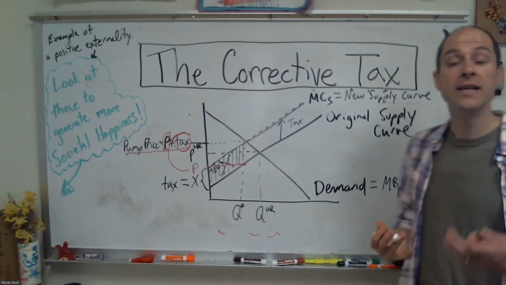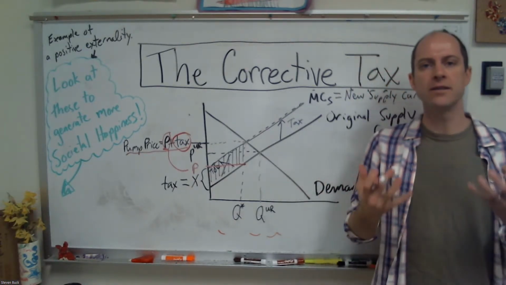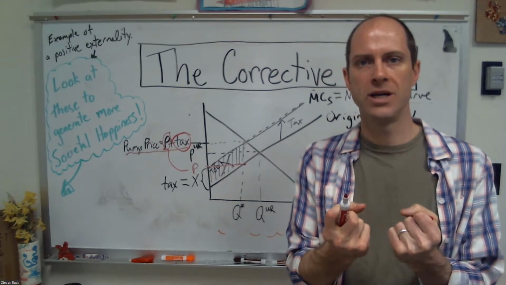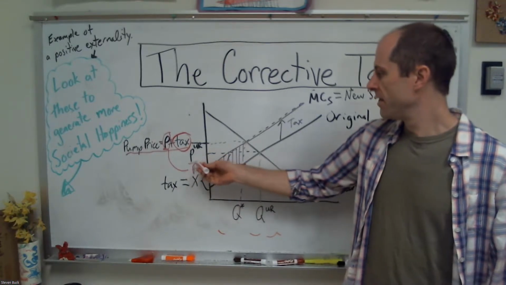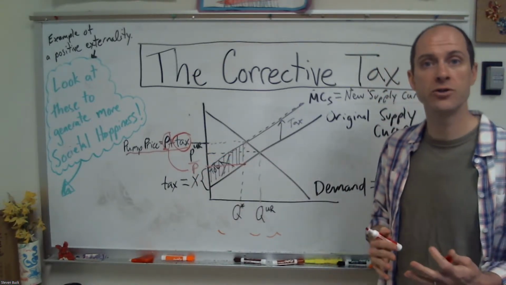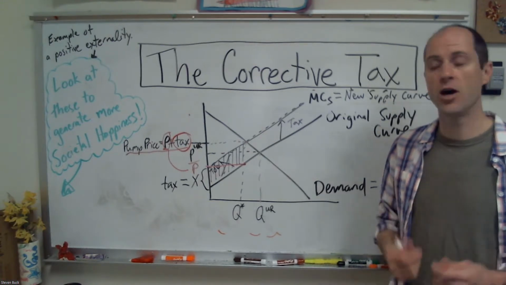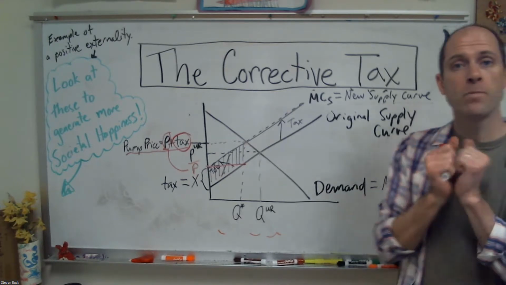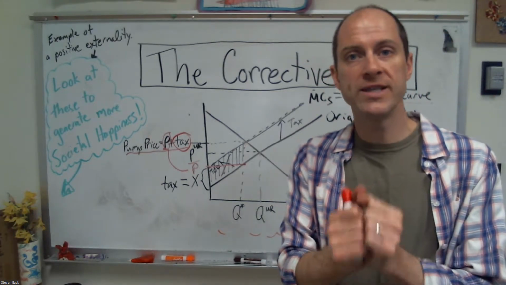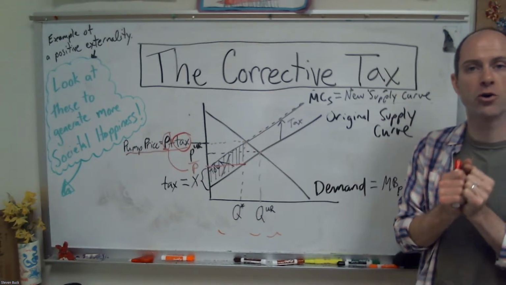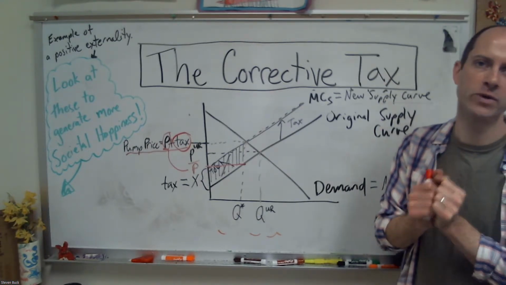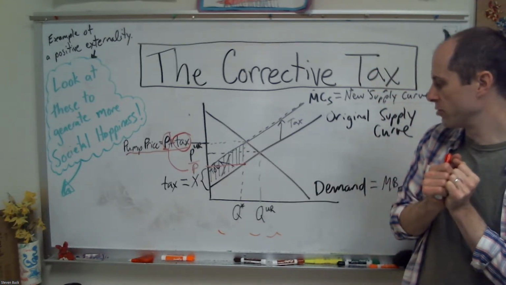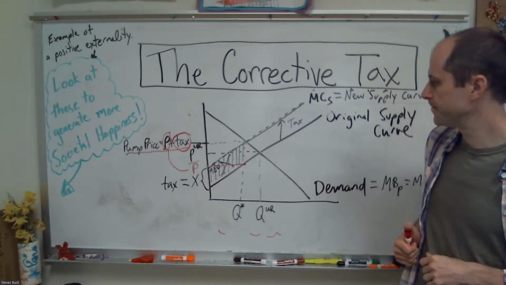And so what you'll notice is that under the corrective tax, the price received to generate revenue for the producer is less than the revenue generated per unit sold in the free market. That is the unregulated equilibrium. Thus, the revenue received per unit under the corrective tax is less than the revenue received in the unregulated market equilibrium, that is, in the free market.